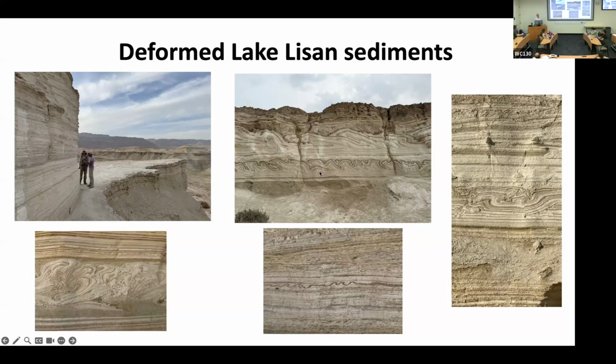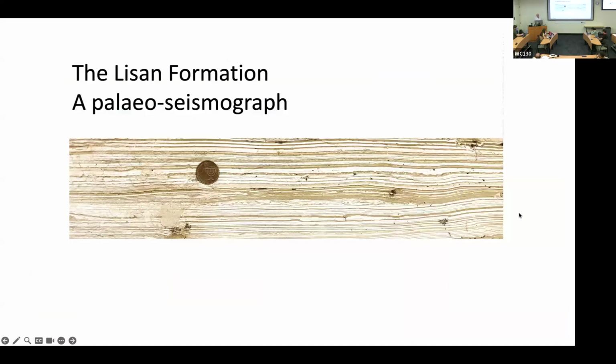And we can see here two different events, one on top of the other. Here we see a smaller event. Here we see another event. So these are all different types of shaking. And this is an example of what the Lisan formation is.